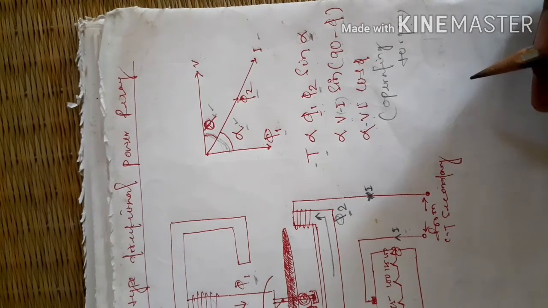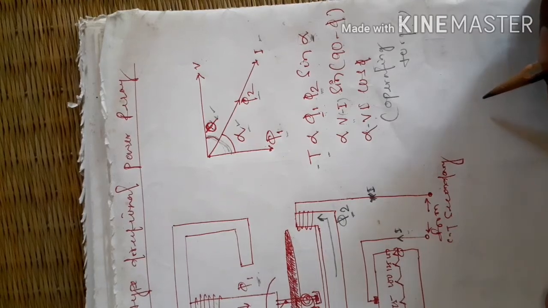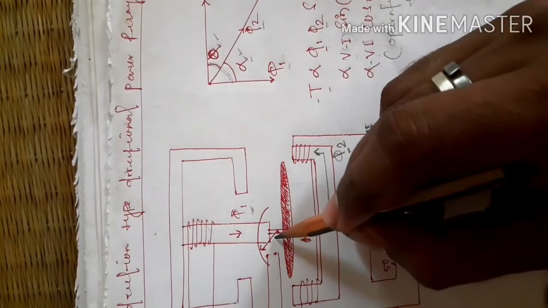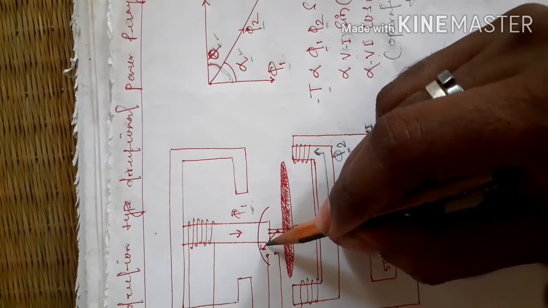Hence, the reversal of current in the circuit reverses the direction of operating torque on the disc. If a reverse operating torque is developed, then this moving contact is able to operate in the reverse direction also.